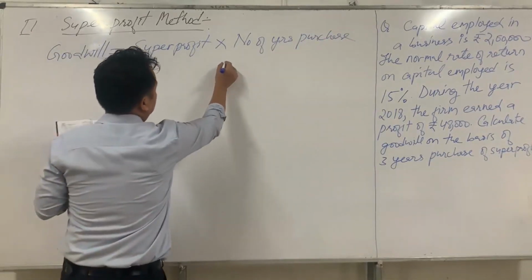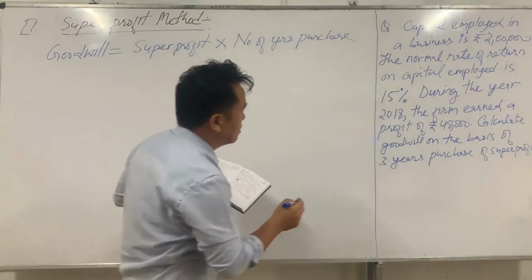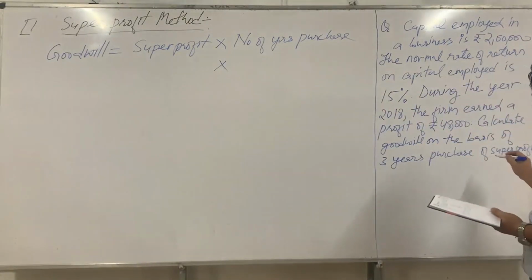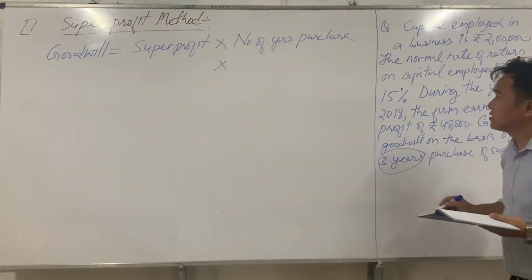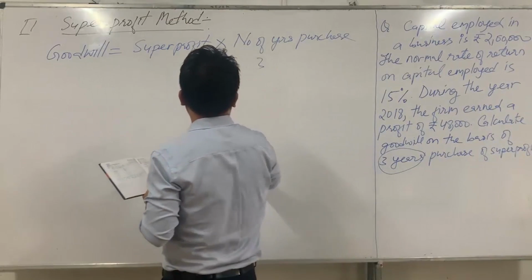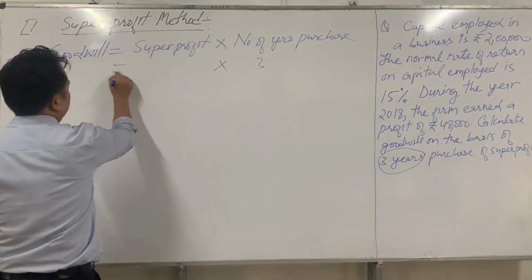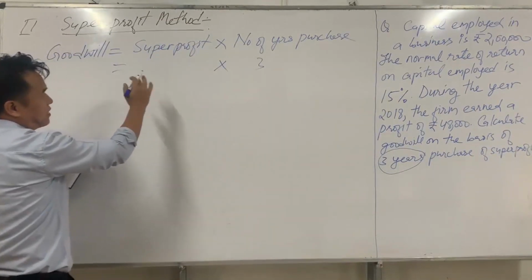Okay. So in this question, what is the number of years purchase? Here, number of years purchase is given, which is 3 years. Okay, so here we have to write 3 years. Since we don't know the value of super profit, let it be as it is.